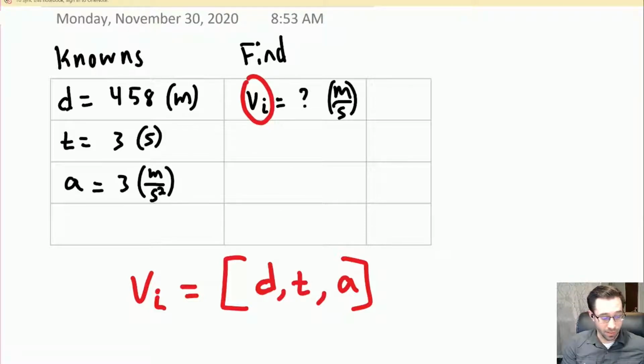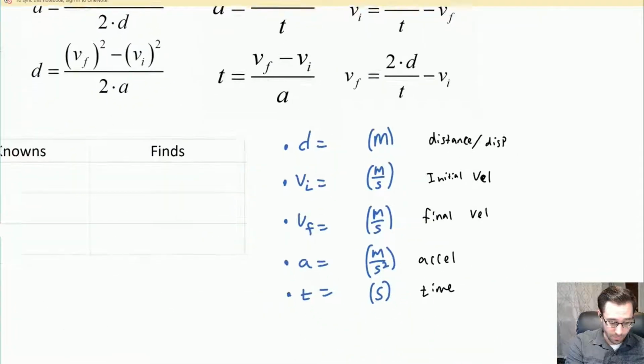The variable that's left over that I don't know anything about, if I look back over here, there are 5 variables when we're dealing with these problems. I'm asked to find v sub I. I know displacement, acceleration, and time, but I do not know final velocity.